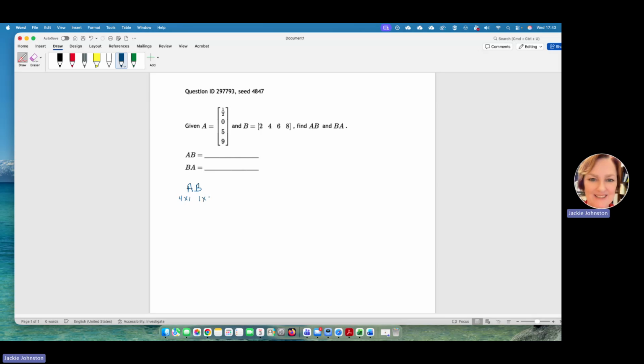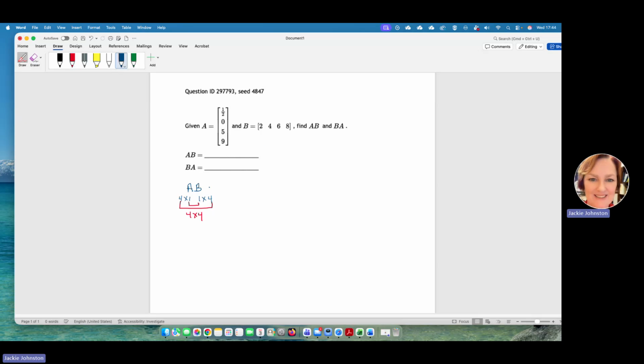In order to realize whether we can multiply them, we want to look at these two numbers right here. So it's A times B, so we're looking at these two. If they're the same, then yes, we can multiply them. Then I look at the two outside, and that's the size matrix we're going to get out of it. So this is going to be a 4 by 4, so that's a pretty good size matrix there.